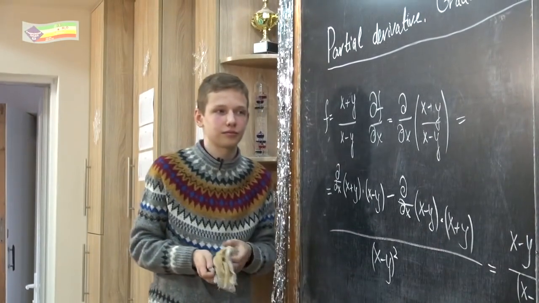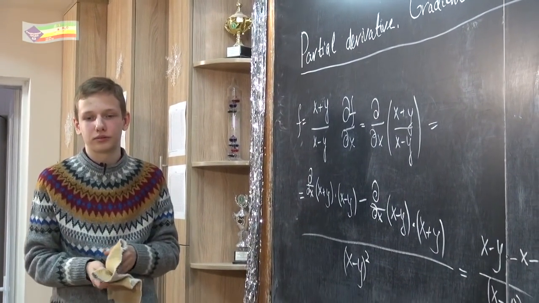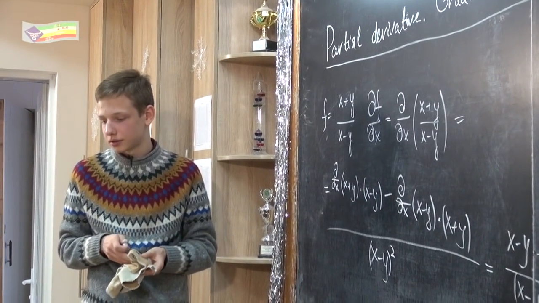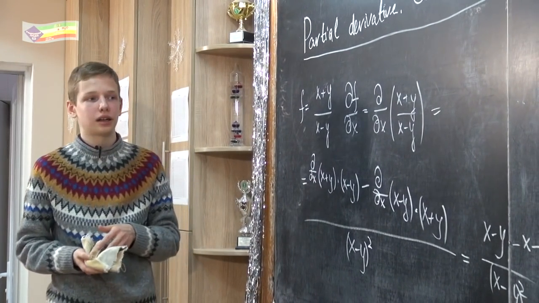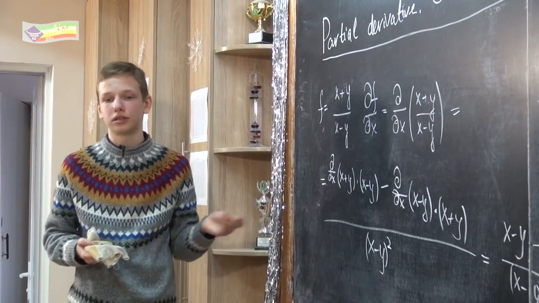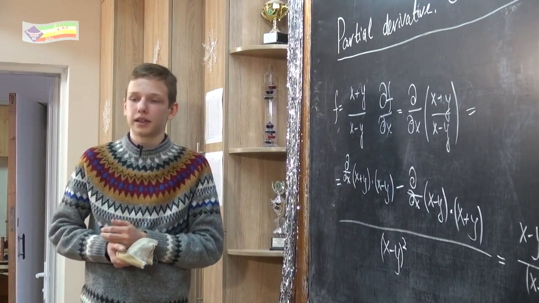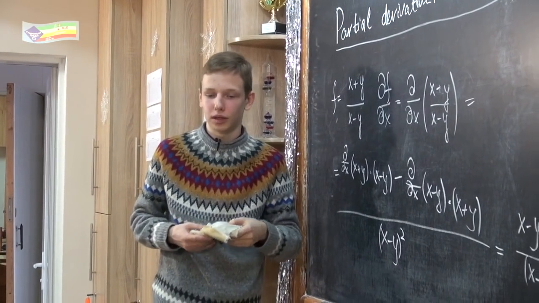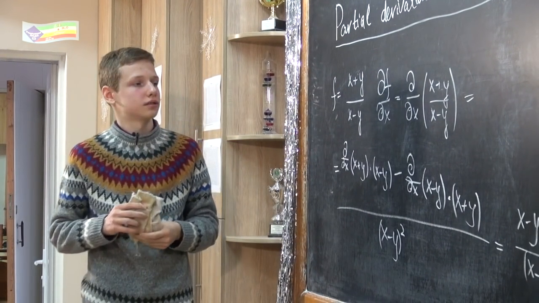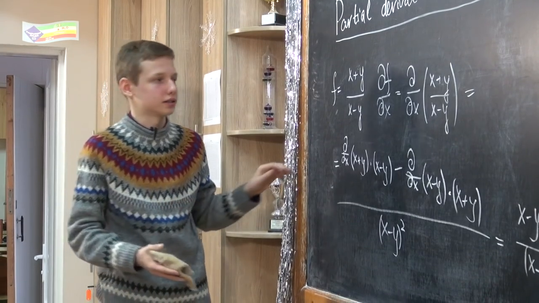And that's it. That's all about partial derivatives, because that's how we calculate them analytically, and we don't actually need other applications. Actually, we will need one more application, but it's not very hard, as you could see.